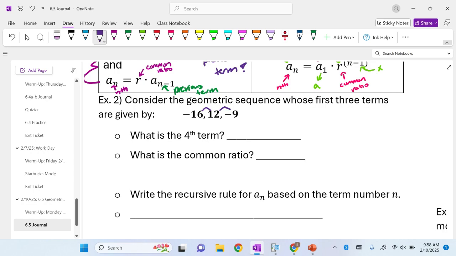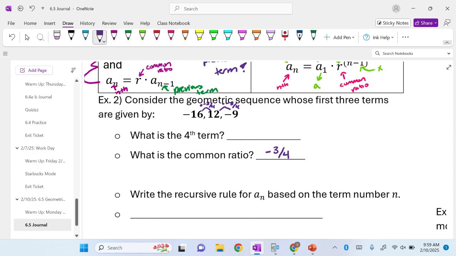Yes, we should. So we're multiplying by negative 3/4 to get to each number. So the common ratio is negative 3/4.